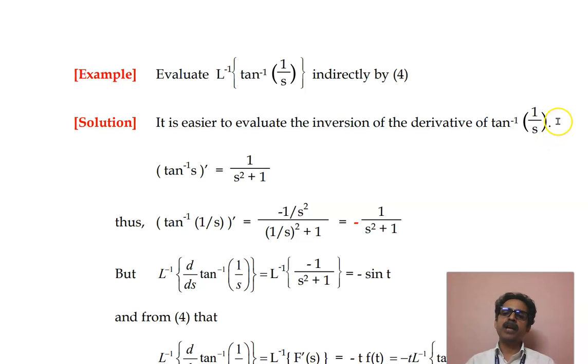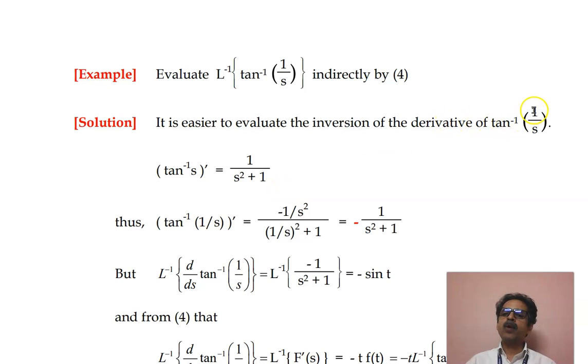I mean to say that tan inverse of 1 upon s is quite a complicated function. We haven't seen such a function before while obtaining Laplace transform or inverse Laplace transform. But you can see the derivative of this function is very easy. The derivative of tan inverse of s is 1 upon s square plus 1.